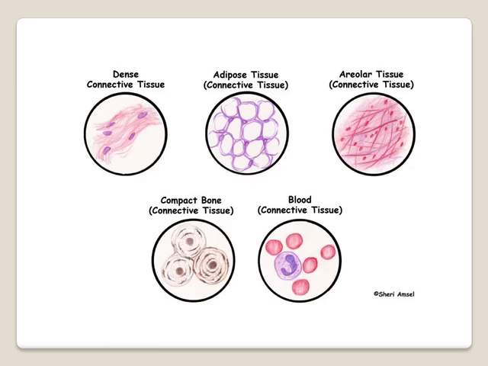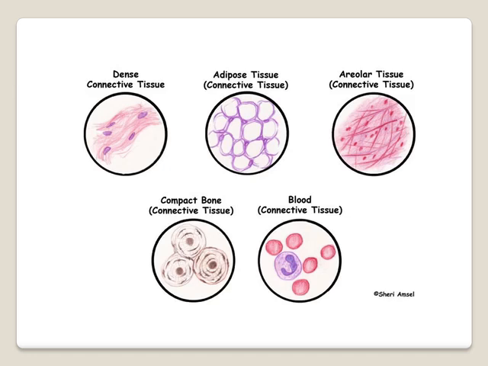Okay, next we are going to talk about connective tissue. Connective tissue is the most abundant tissue in the body. It's the most widely distributed, and the key component of connective tissue is called the extracellular matrix. It's what allows connective tissues to be so different from each other. As you can see here, there's like 5 different kinds.